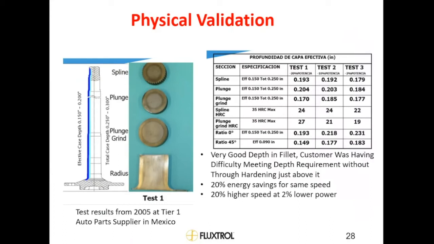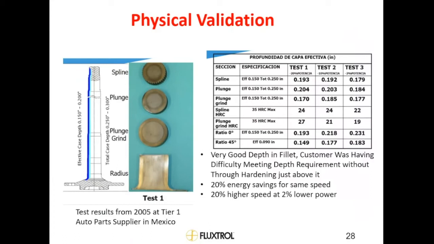So you see 20% potential minus, that's energy. So we produced a better part, at least according to the print, with 20% less energy on our first trial. Later, we played with the speed and moved things up and kept everything in spec along the way. And we're going 20% higher speed at 2% lower power.